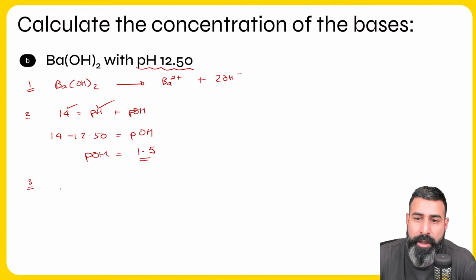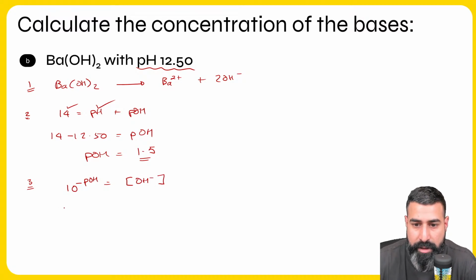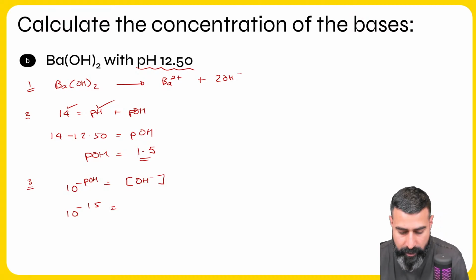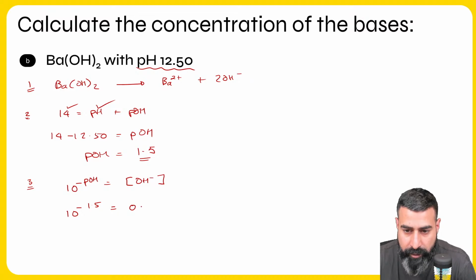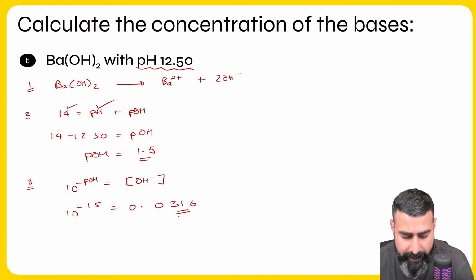Then, where do we go next? So I'm going to say that 10 to the power of minus pOH is equal to the hydroxide ion concentration. So 10 to the power of minus 1.5 is equal to 0.0316. Hands off, we're getting that.